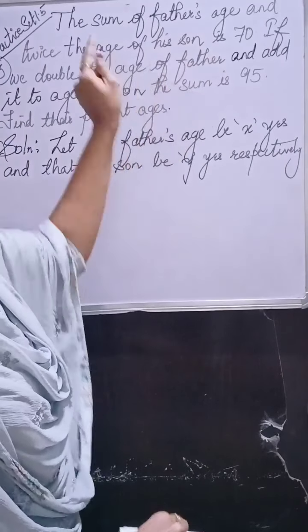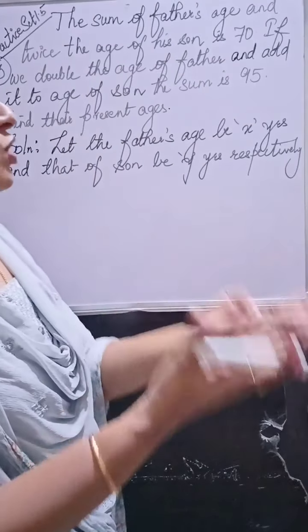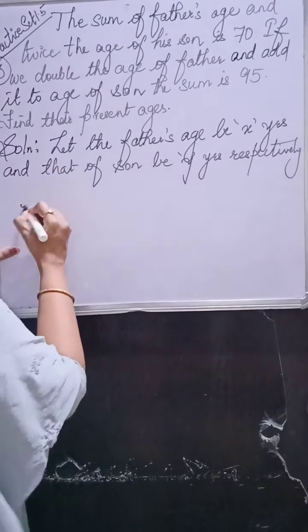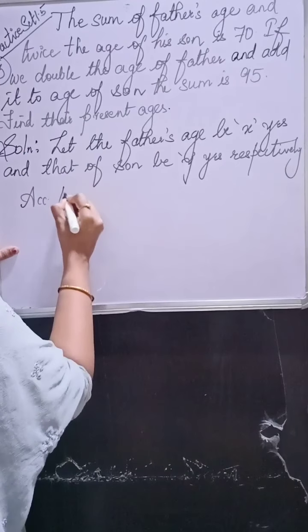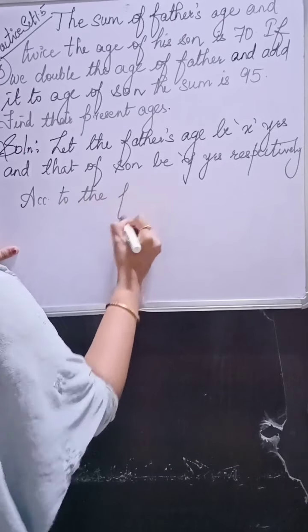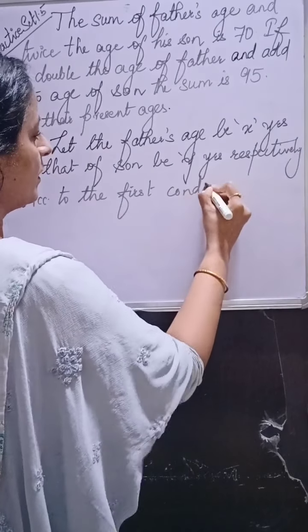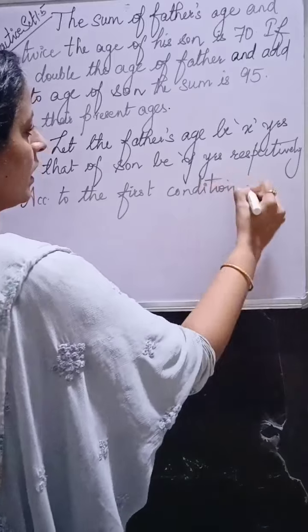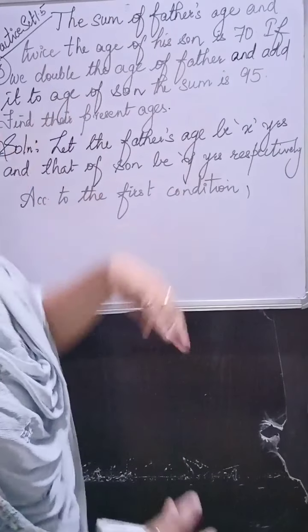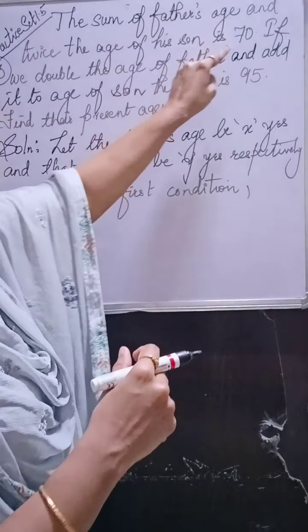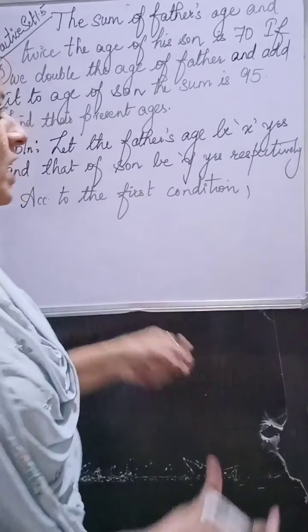Now we will read the condition. The sum of father's age and twice the age of his son. According to the first condition, we are adding father's age and twice the age of son.